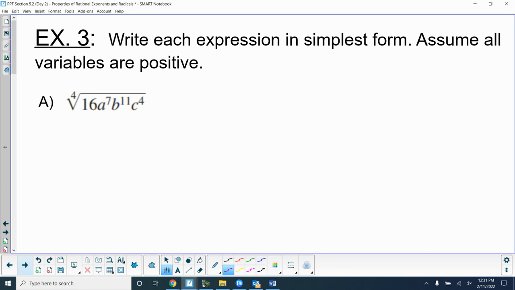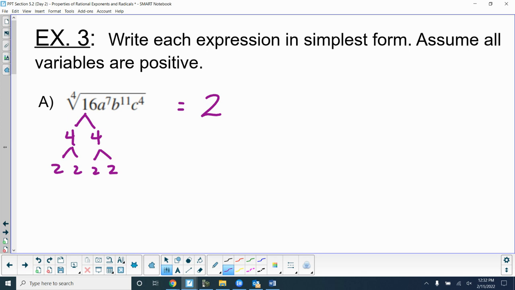Okay, listen. I'm looking for a group of 4, right? So what's the 4th root of 16? 2. Okay, listen. Pay attention. Some of you are going to get lost if you're not watching. How many times does 4 go into 7?